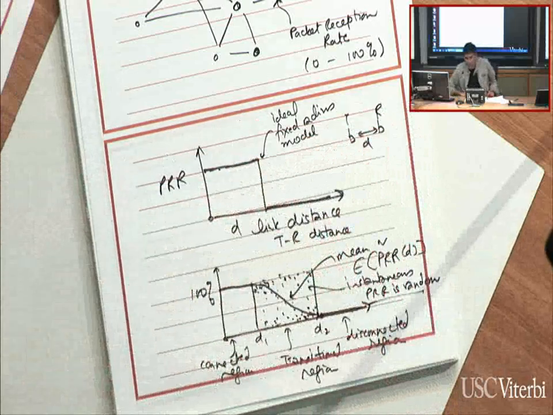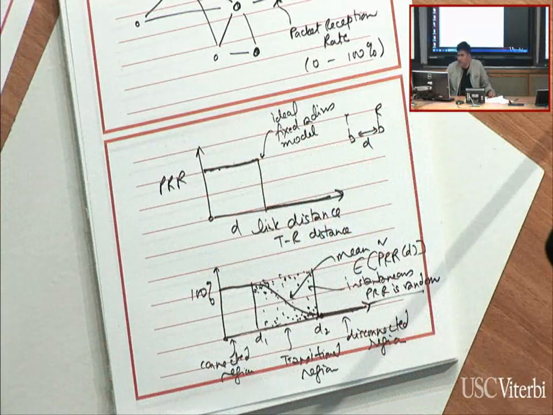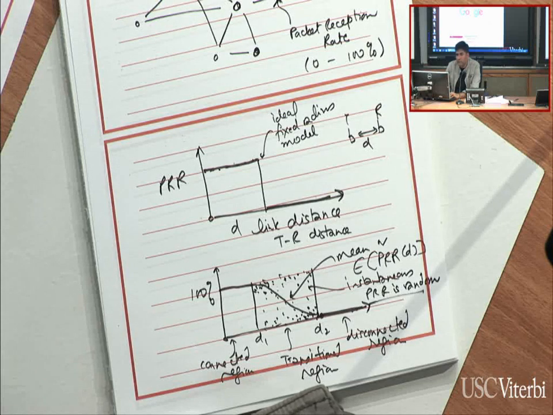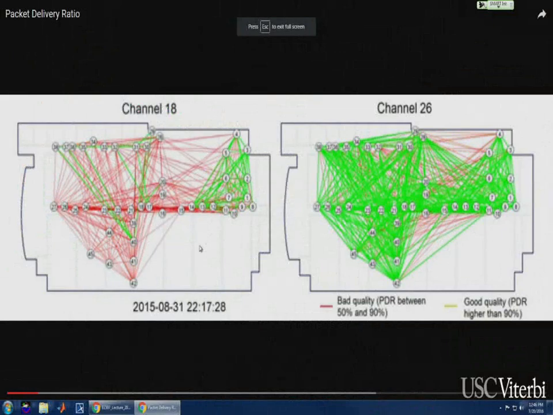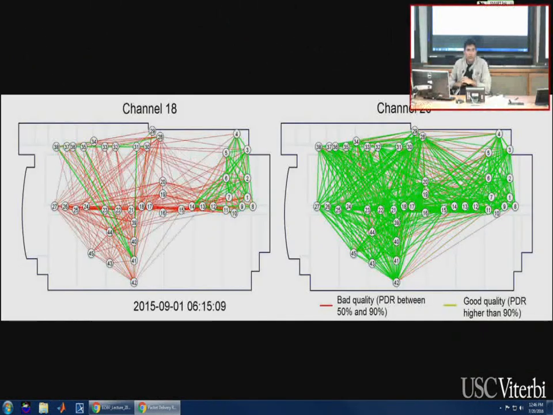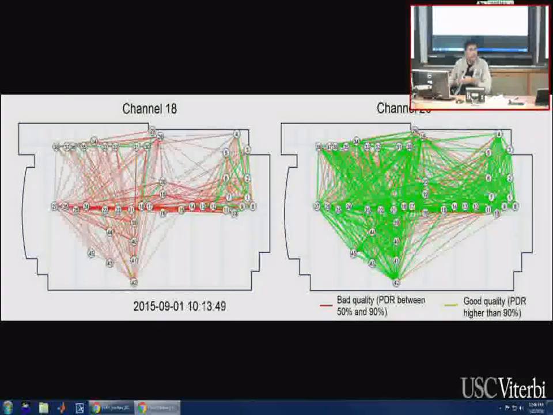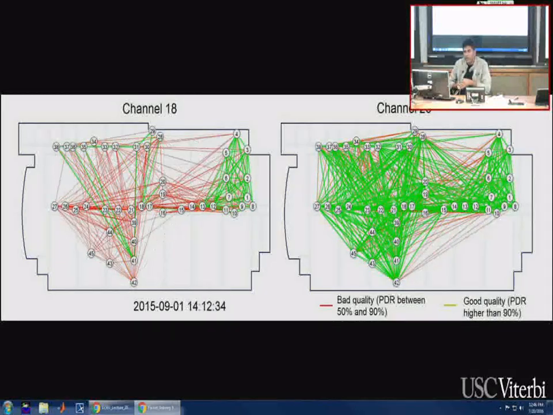Just to reinforce this point a little further, I think I've shown this before, but let me show it again if I can switch to the screen, please. These are the packet reception rates measured on the TutorNet testbed at USC on two different channels. These are frequency channels that 15.4 radios run on.